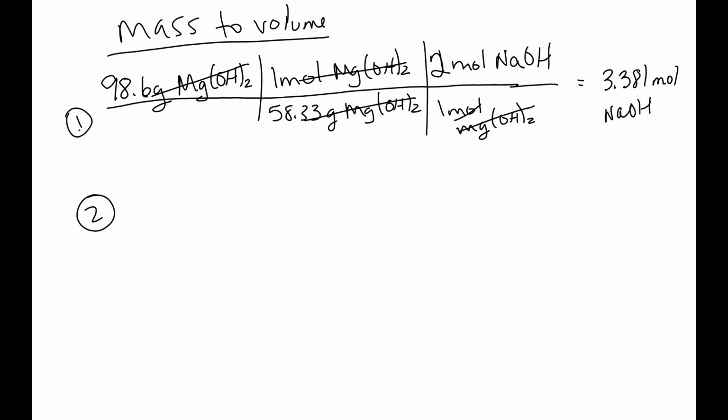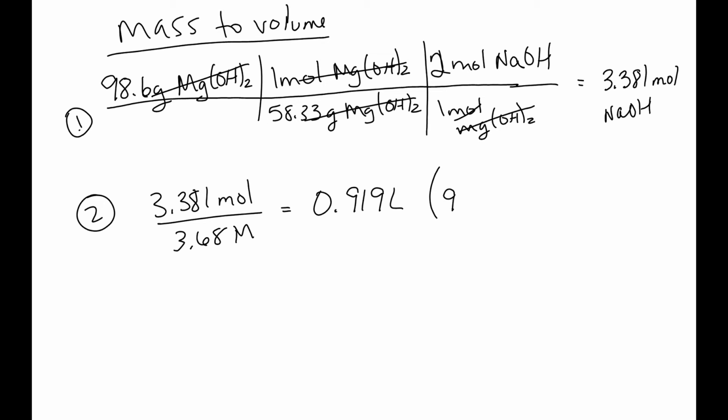Step 2, let's take the 3.381 moles divided by the molarity, and we get 0.919 liters, which is also 919 milliliters. Guys, you're going to have to be able to go back and forth between liters and milliliters, because I might have the answer.